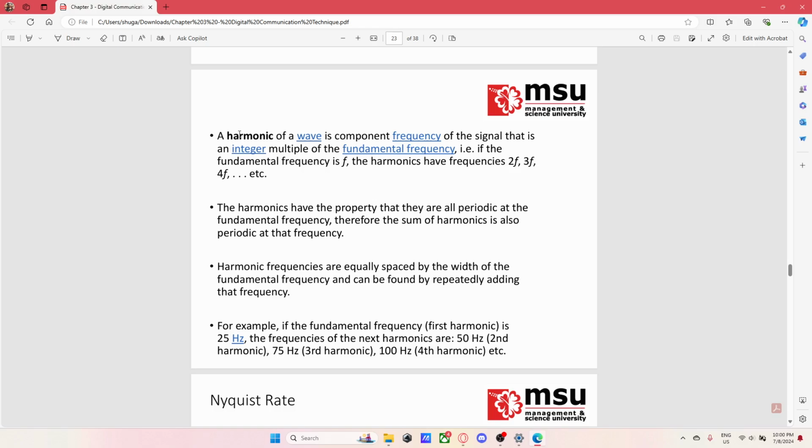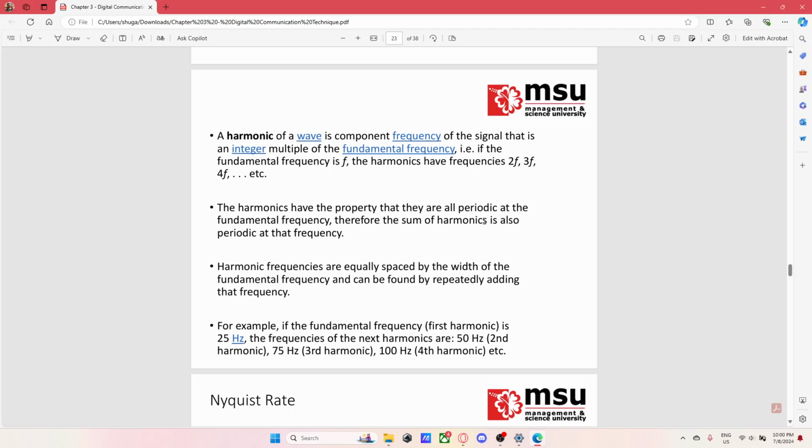So a harmonic of a wave is a component frequency of the signal that is an integer multiple of the fundamental frequency. For example, if the fundamental frequency is f, the harmonics have frequencies of 2f, 3f, 4f, and so on. The harmonics have the property that they are all periodic at the fundamental frequency.